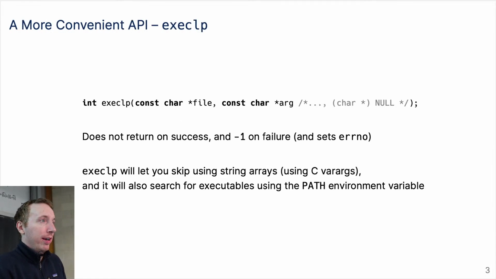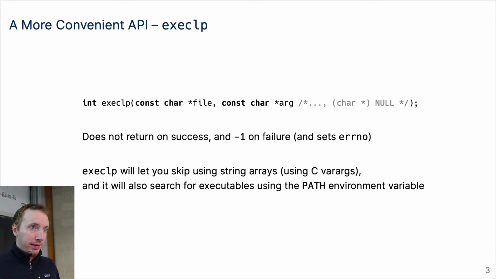So we saw execve. It's kind of ugly. To make our lives a little bit easier, there's C wrappers, and one of the C wrappers that will make our life a little easier is called execlp. So instead of taking a full path, it just takes a file and then arguments that are not an array, and it just ends with a null pointer.